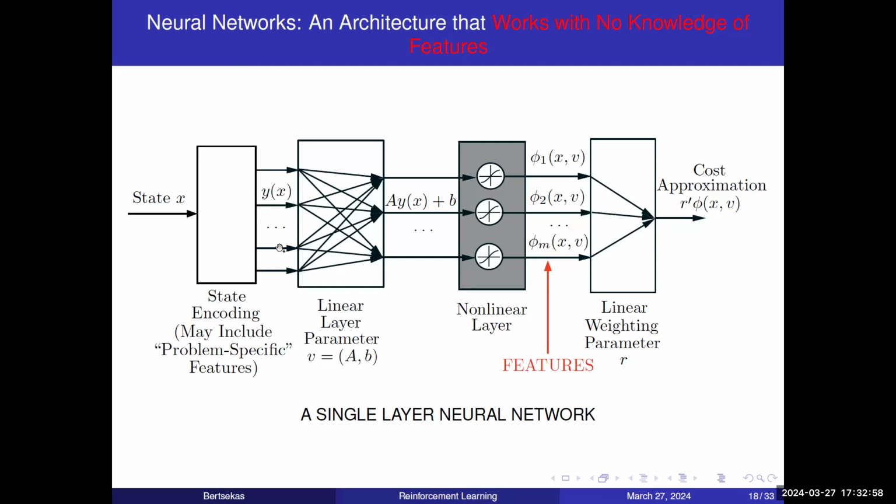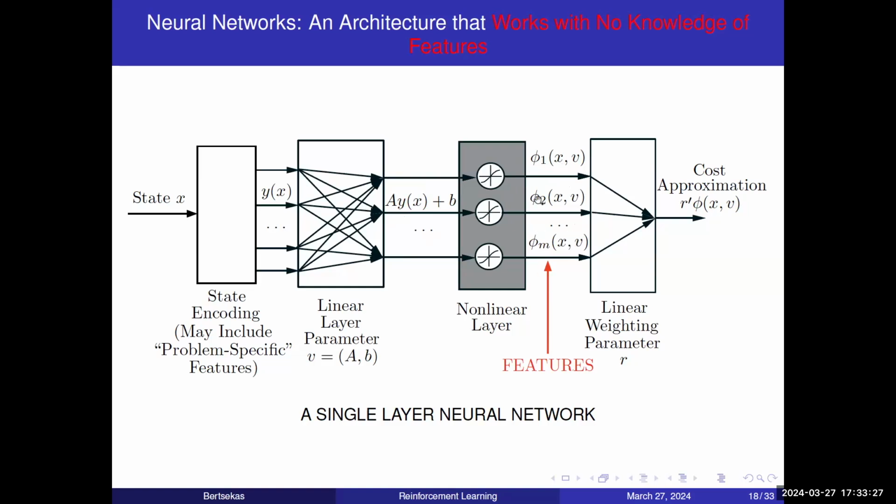But regardless of the presence of this layer, a single layer neural network is composed of a linear layer where this y of x is multiplied with some matrix A and then a bias term b is added. And each and every component of this linear layer output would go through a nonlinear layer, with their values to be called phi of x and v.